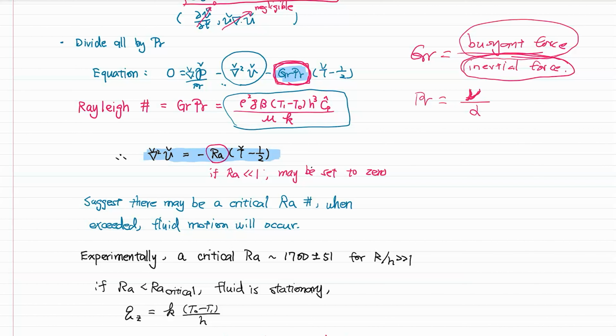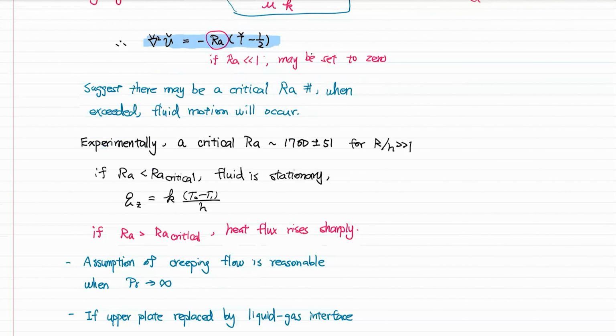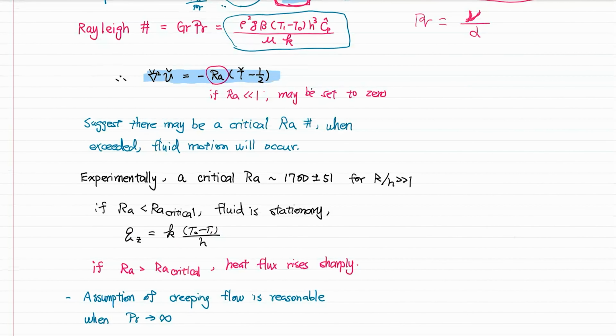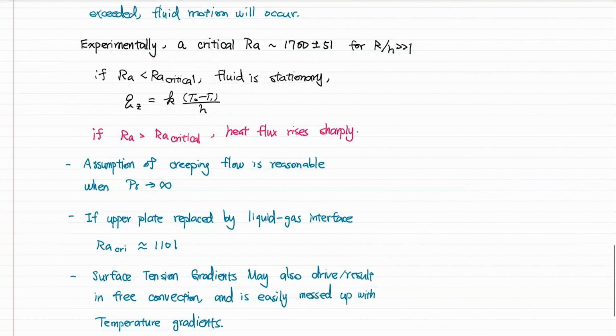So a more viscous and more conductive fluid results in a more stable fluid that doesn't give you free convection. Okay, hopefully I'm making this summary clear enough for you to understand. Sometimes I get a little confused by my wording too.